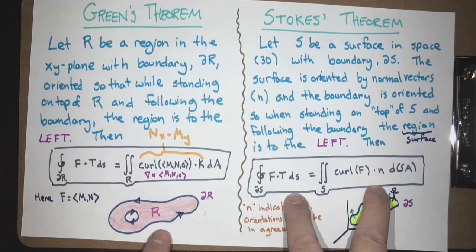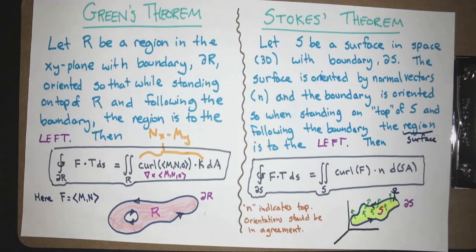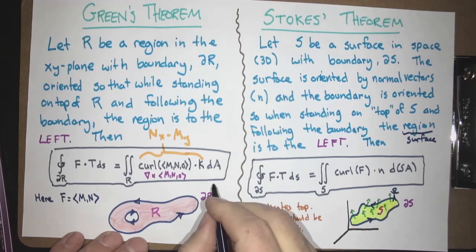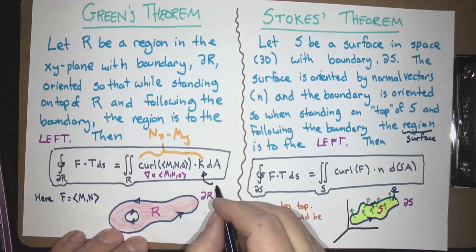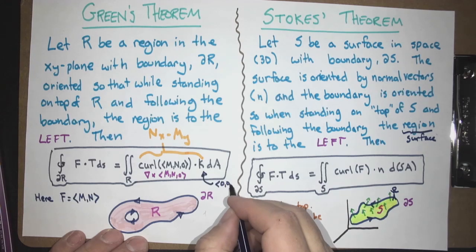Green's theorem is, what if your surface is just in the xy plane? Because what happens? Well, if you're in the xy plane, what's the perpendicular to the xy plane? The z-axis. What's that vector? It's the vector k. That's the vector perpendicular to the xy plane.